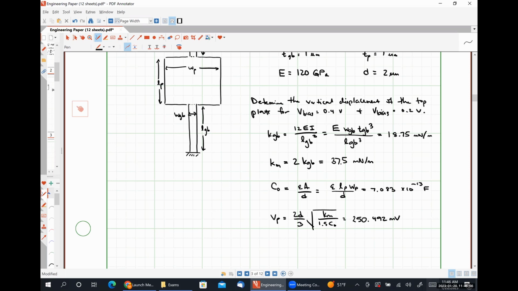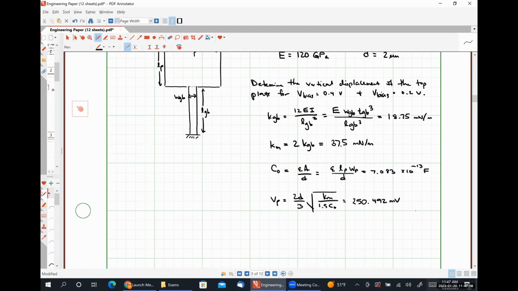Since 0.4 volts is greater than our pull-in voltage, then quite obviously, our plates have experienced the full displacement of 2 microns, right?